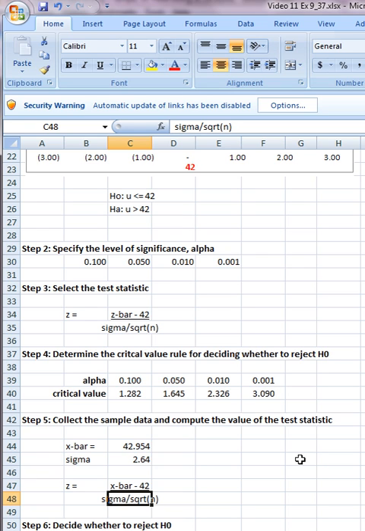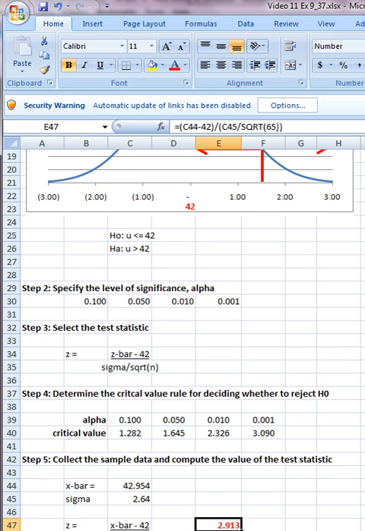To get that, we take our sample standard deviation and divide by the square root of n. I've done that, and the answer is 2.913. Now we can use this to do our analysis. We're almost there. You can see that 2.913 is way out here, almost but not quite 3. So this area under the curve is going to be pretty small.